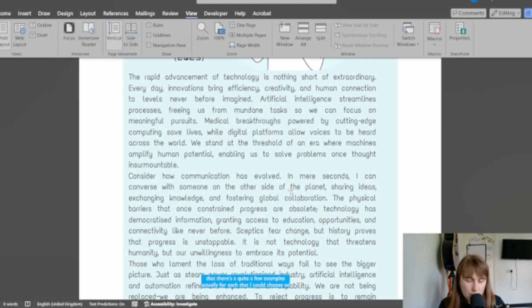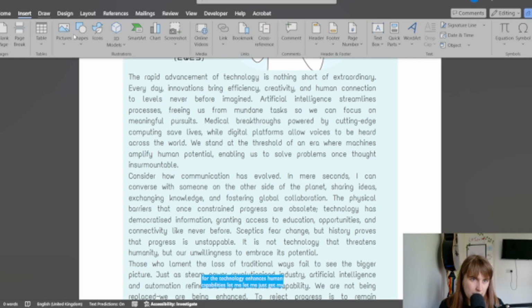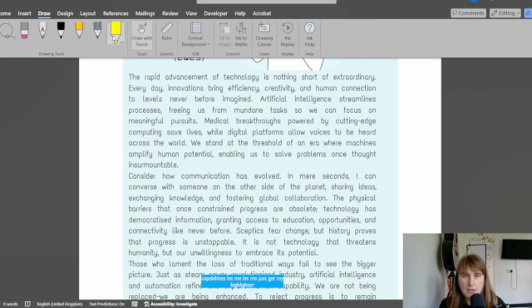So for the technology enhances human capabilities, let me just grab my highlighter. Okay, so I'm just going to see exactly where I saw that now. Here we go. This is the first time I see it. There are other moments.